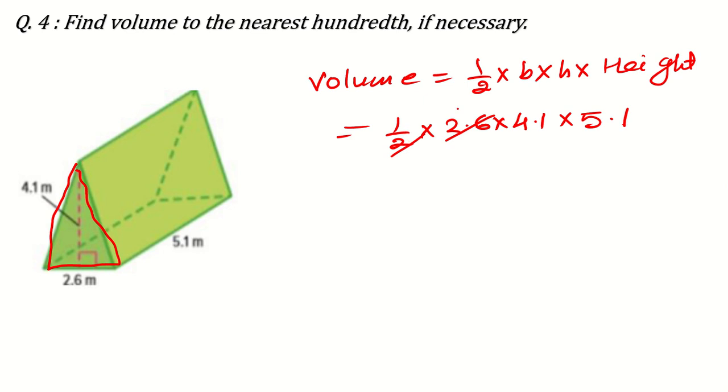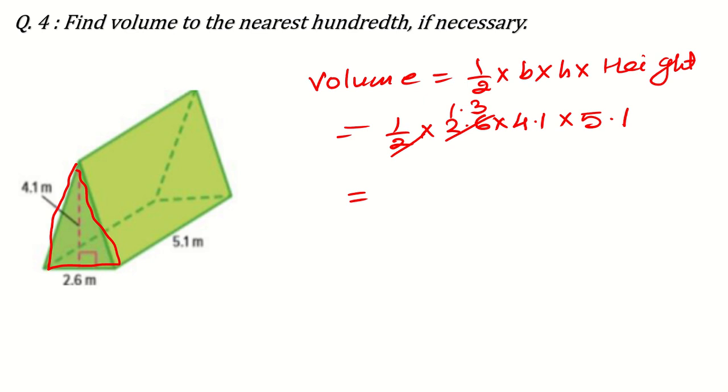So 2.6 divided by 2 will be 1.3. Now we will multiply them using calculator. So 1.3 multiply by 4.1. Okay, not this one.